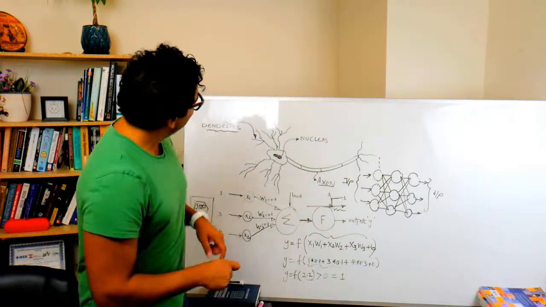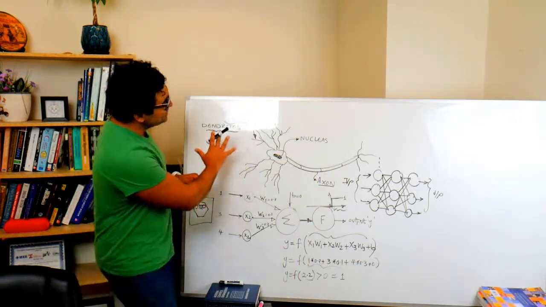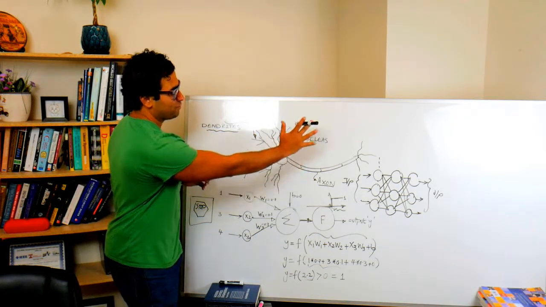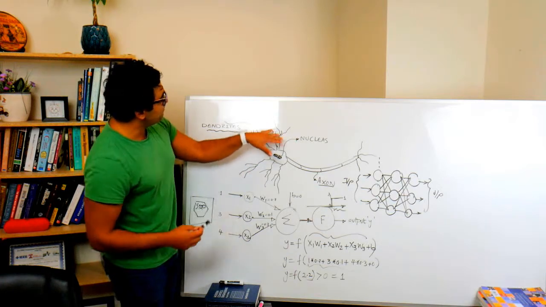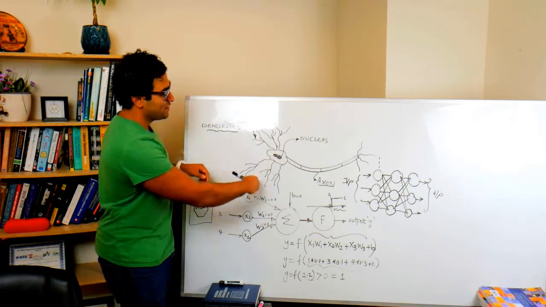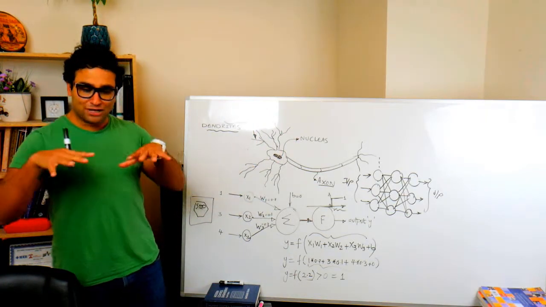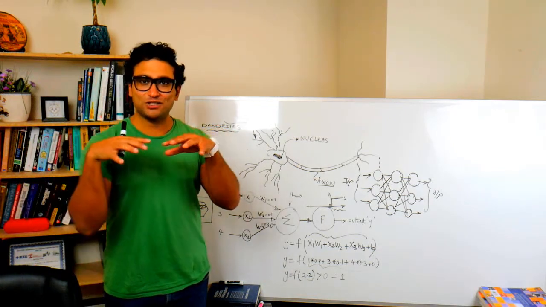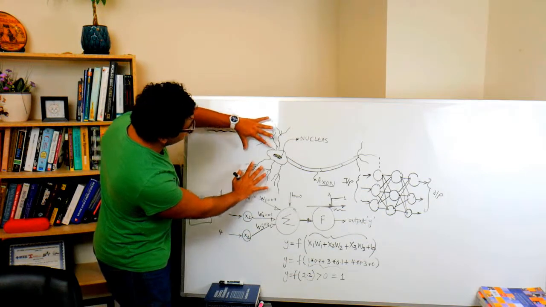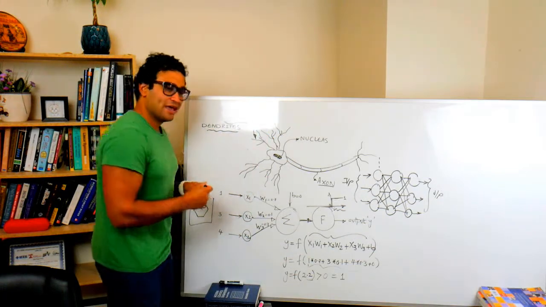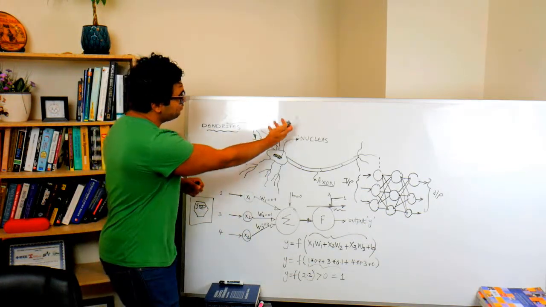works. As you can see here, this is simply a model of one single neuron. We have a bunch of dendrites. Think of them as branches that take signals from the outside world. These are the different branches, which we call dendrites.